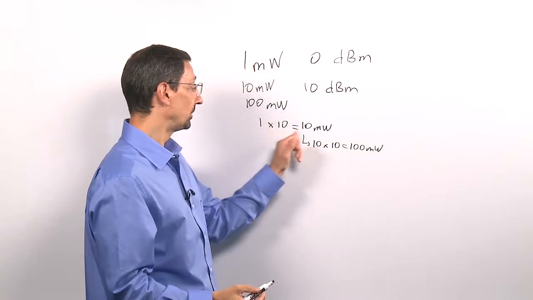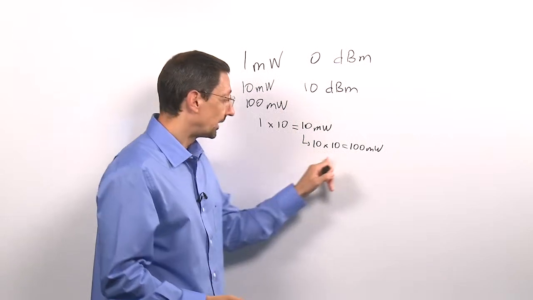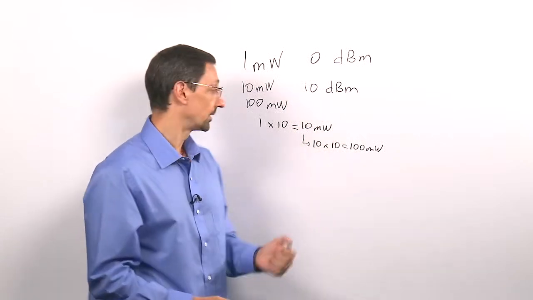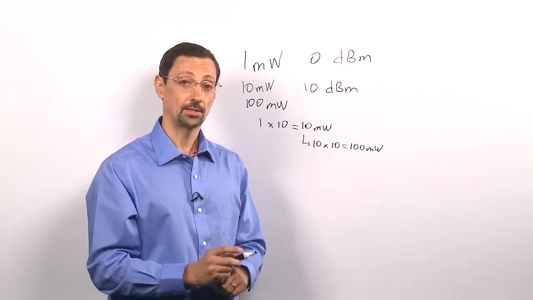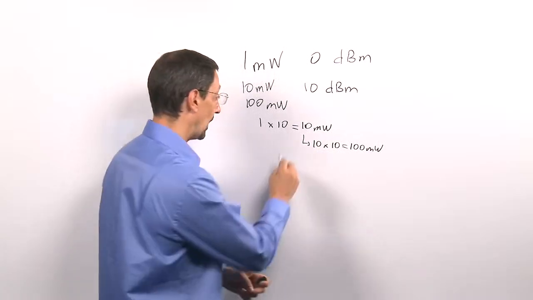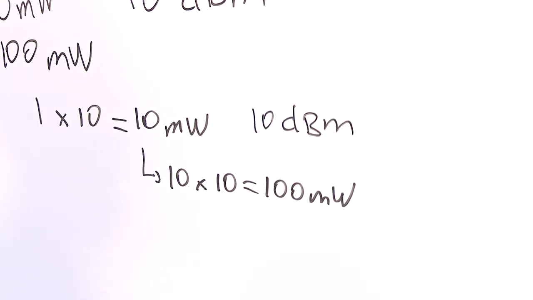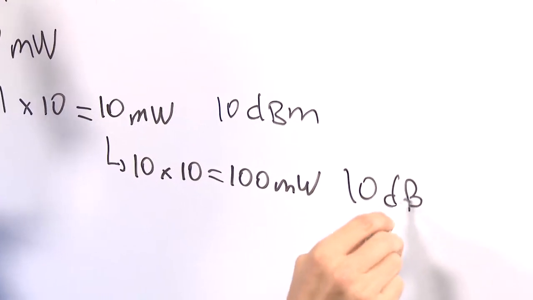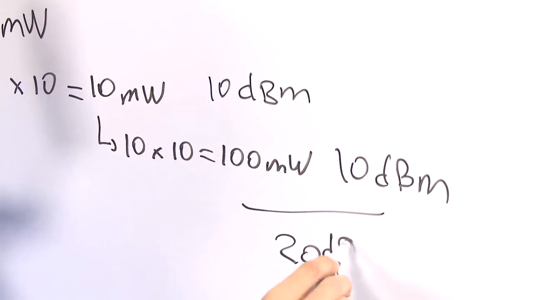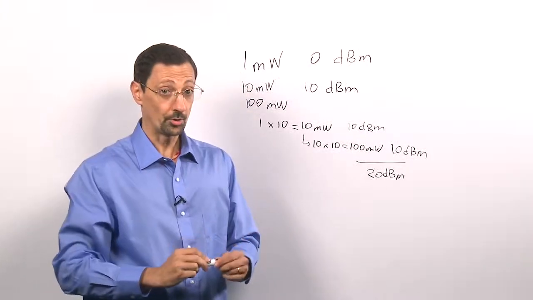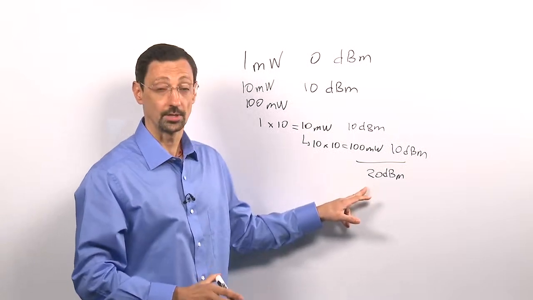So what I did is that I multiply by 10 the first time, and when I do this, I add 10 dBm. And then I multiply by 10 a second time, and when I do this, I add 10 dBm a second time. So be careful. Every time I multiply by 10, I add 10 dBm. So in total, what I did is add 20 dBm. I added 10 dBm twice, and that's why it's 20 dBm.